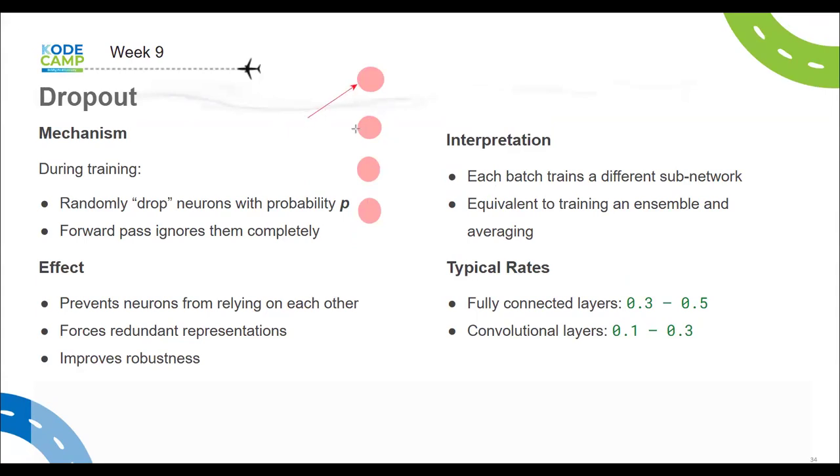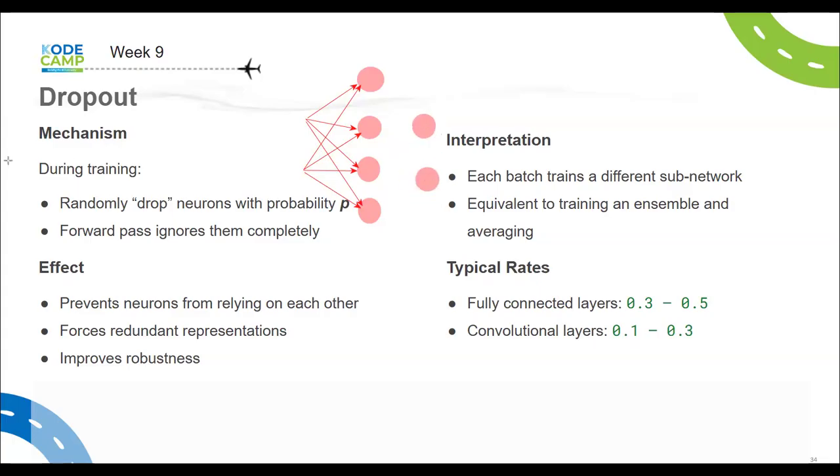Let's say I have two inputs just to indicate. The first input connects this way, and the next input also connects this way. Dropout basically means I can take out some of these connections. Remove them. That's why it's called dropout. You drop this neuron or this connection. And when you do, the model will learn how to predict the same output without using those neurons that have been dropped out.